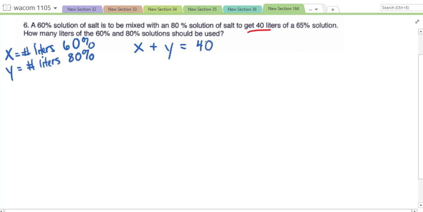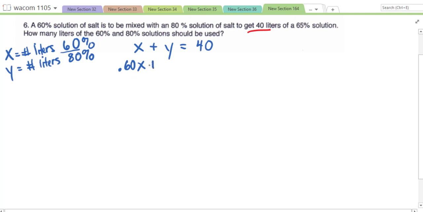Our other equation is going to use the percentages, and you need to change your percentages over to a decimal. Sorry, we're going to have 60% of the x. Sorry. So 0.60 is x liters of the 60%.